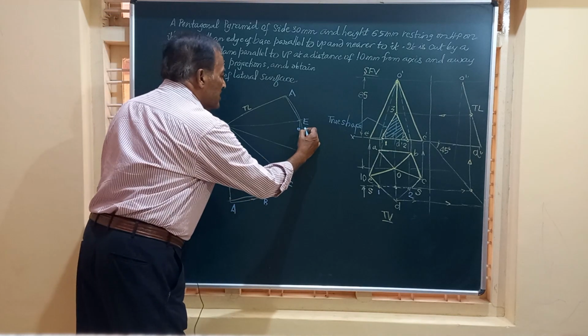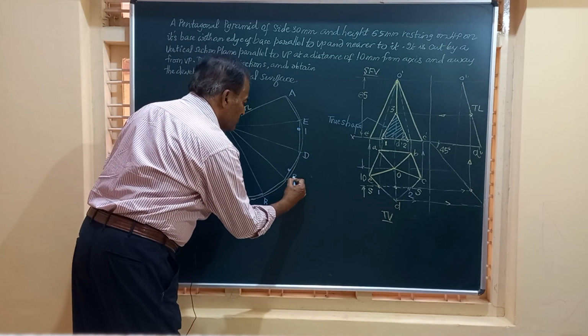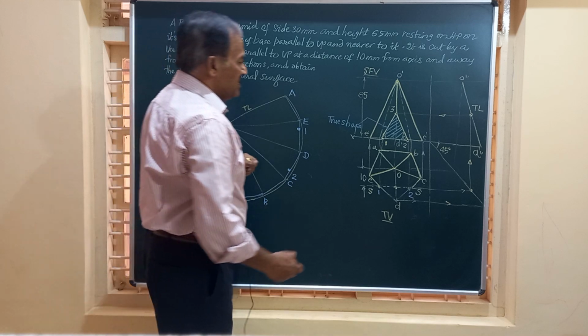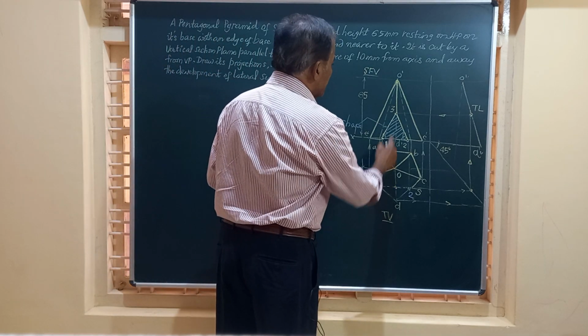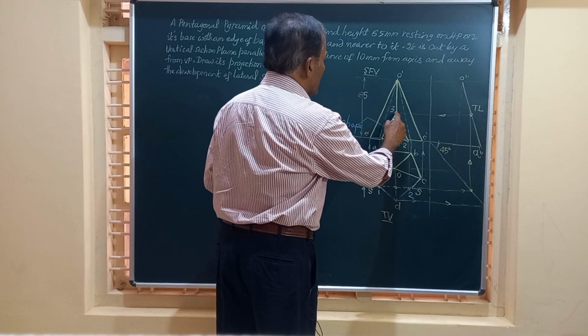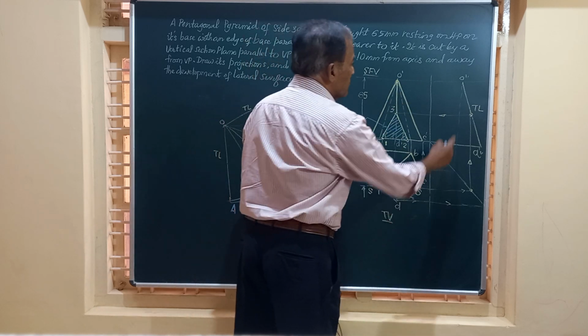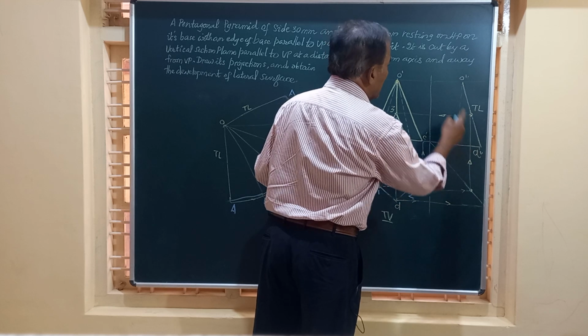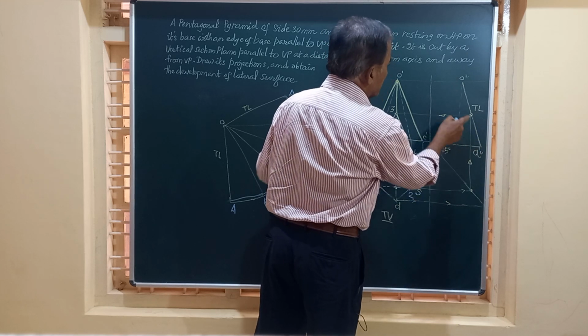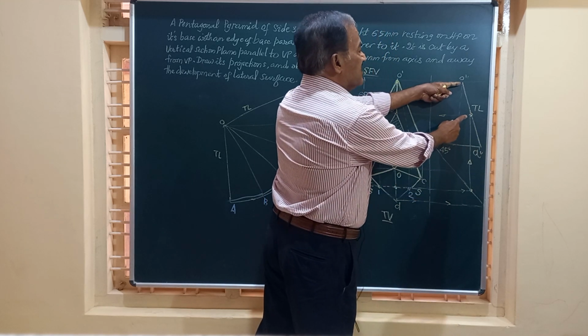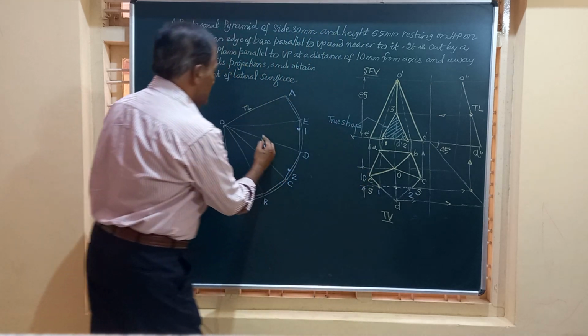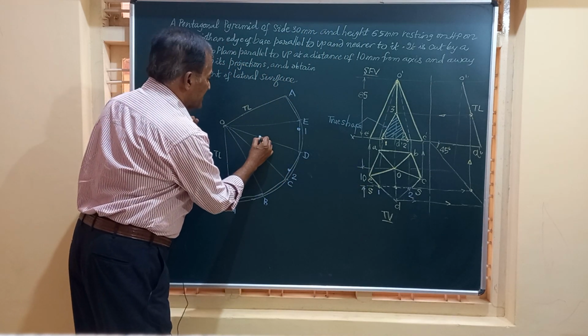This is point 1, this is point 2, and finally, friends, point 3 is on OD. But this is not the true length. On O double dash D double dash you have the true length here, and you can take this distance and mark it on OD. That's going to be a little higher.